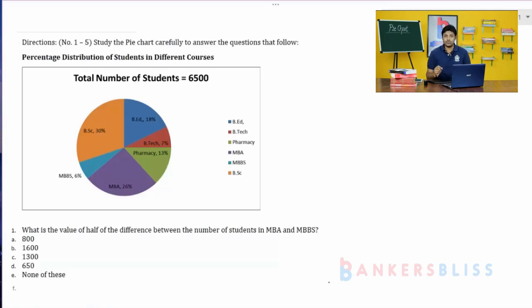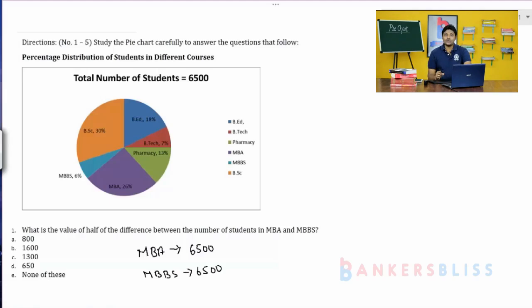But see here, MBA is calculated on 6,500, and MBBS is also calculated on 6,500.